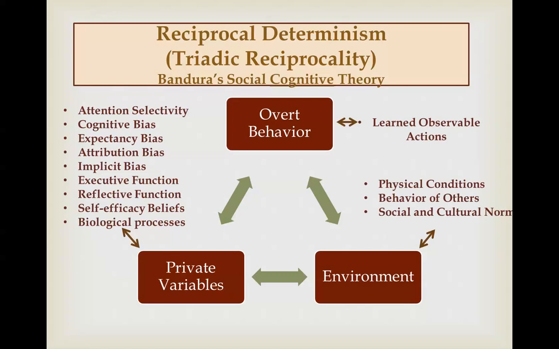So cognitive bias is we understand things in ways that are consistent with what we believed going in. Expectancy bias is just our beliefs about how things will turn out, outcomes. Attribution bias is an interesting one. It's the little story I tell myself in my head about why you're doing what you're doing, how I understand your behavior and what I tell myself about it.